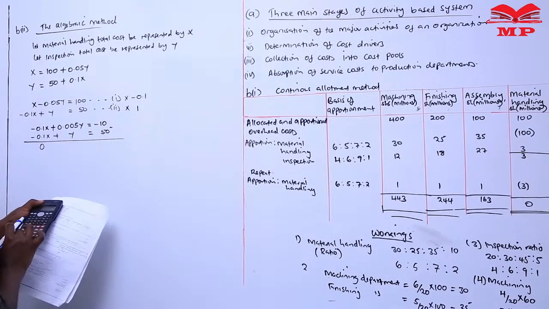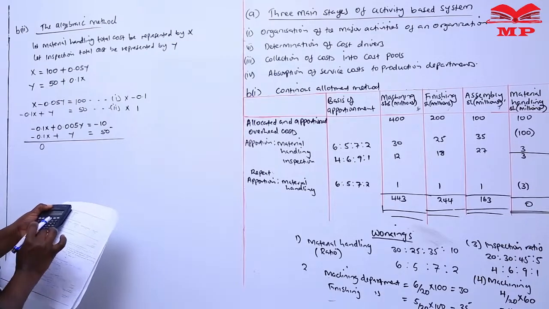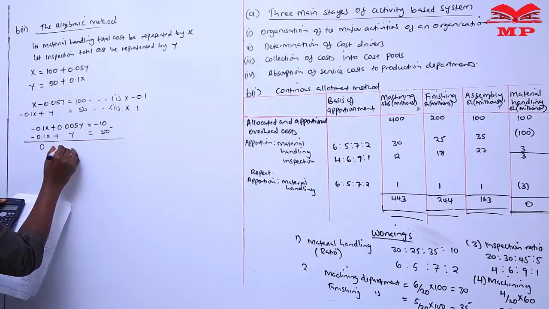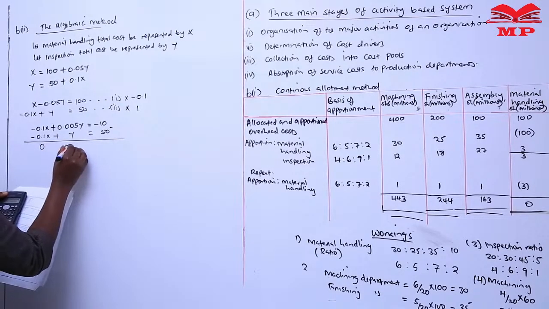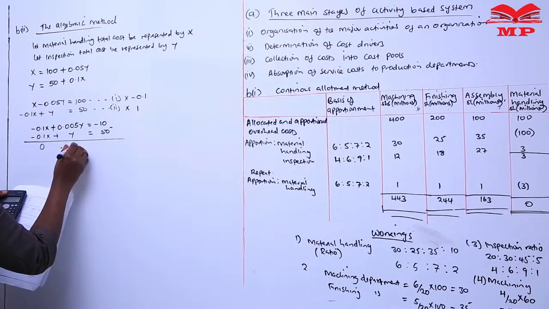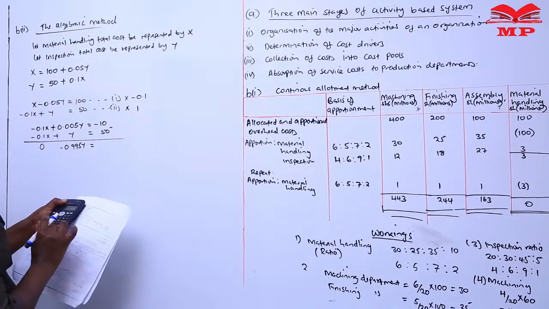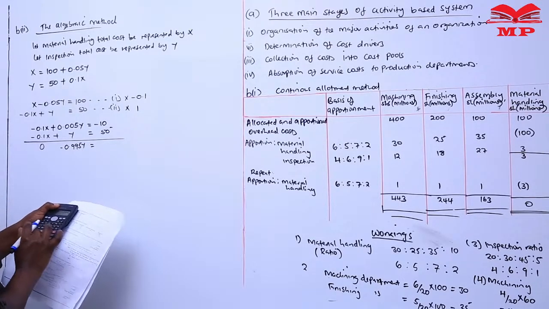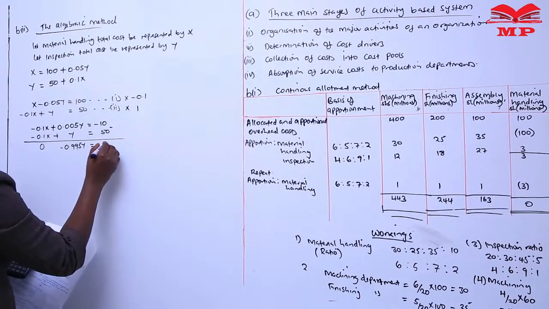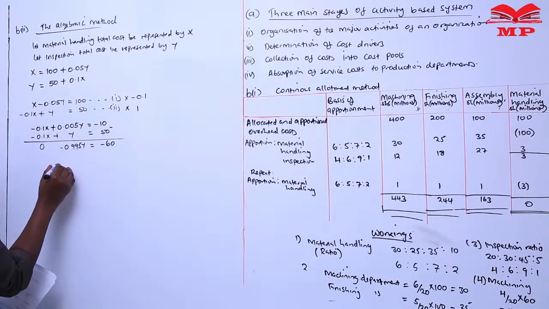And then we have 0.005 minus 1, which will give us negative 0.995y equals negative 10 minus 50, which gives negative 60. Then we find y.